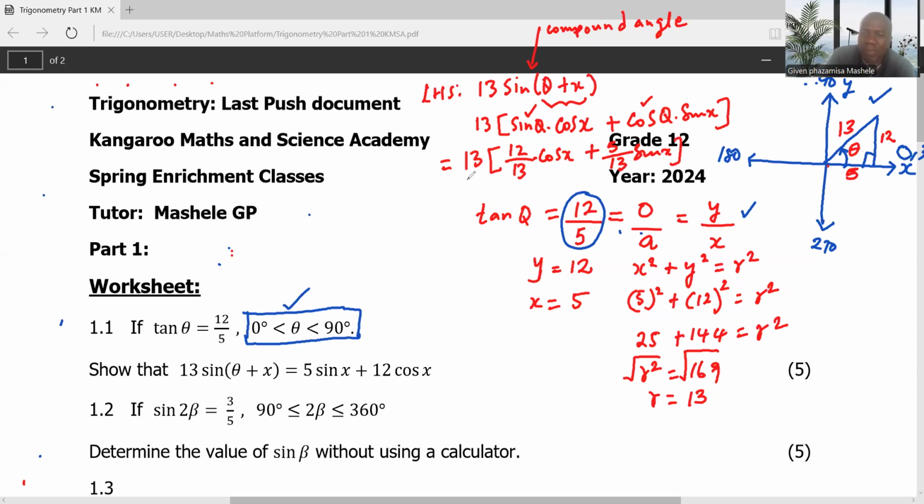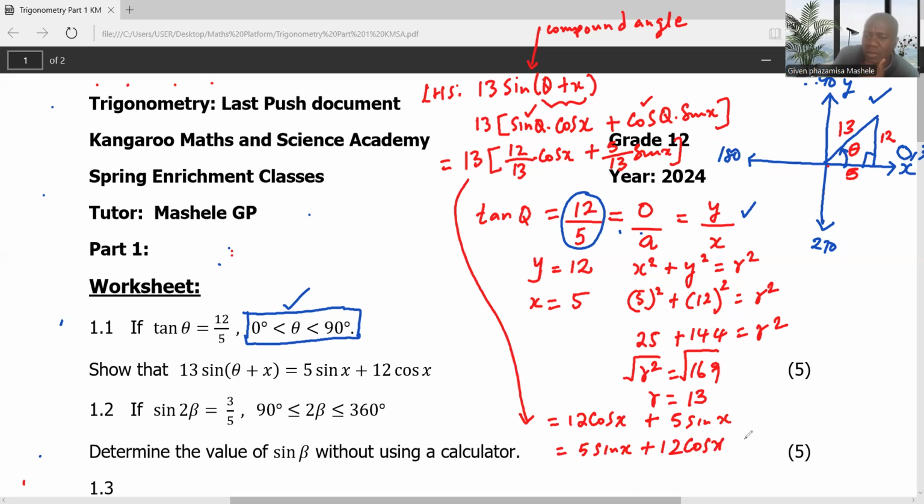Then we will multiply everything by 13. 13 multiplied by 12 over 13 gives us 12 cos x, and 13 multiplied by 5 over 13 gives us 5 sine x. So now we have proved it, because this is the same as 5 sine x plus 12 cos x.